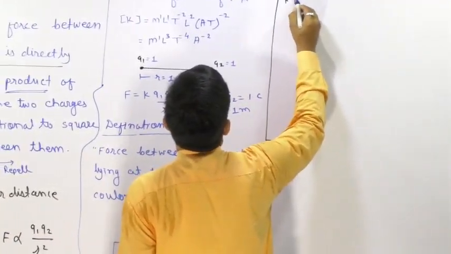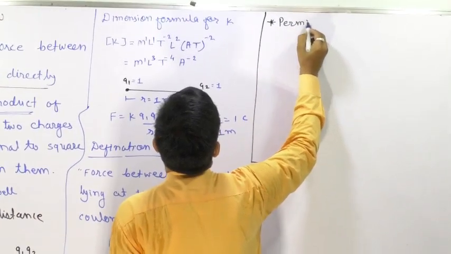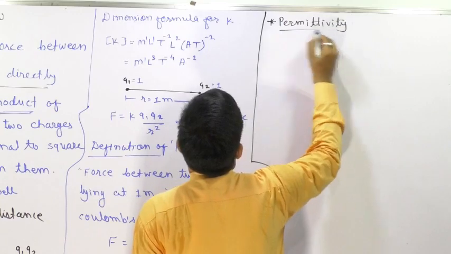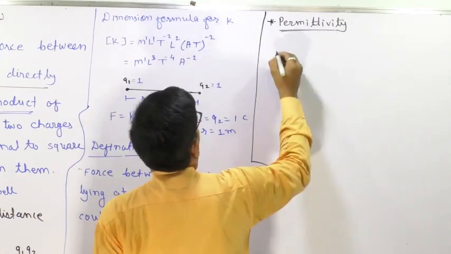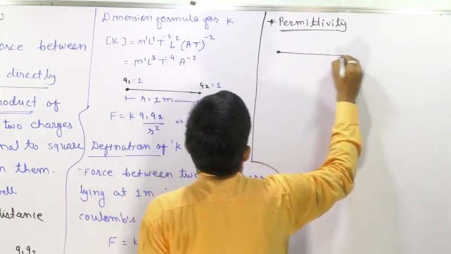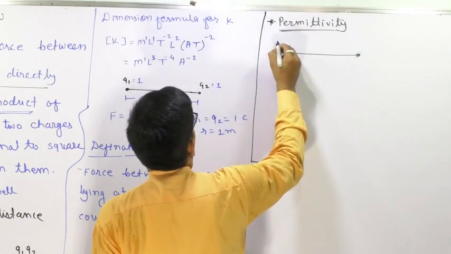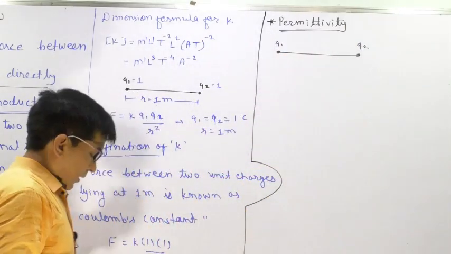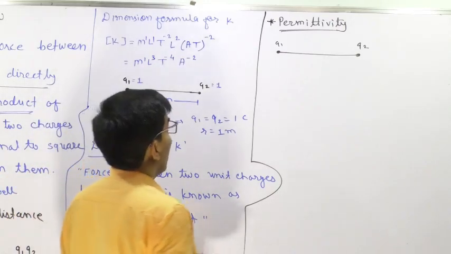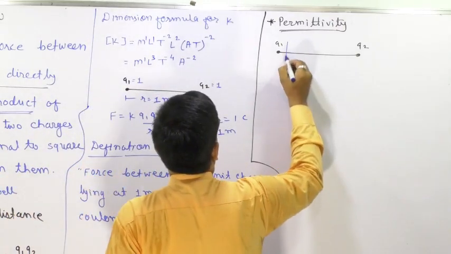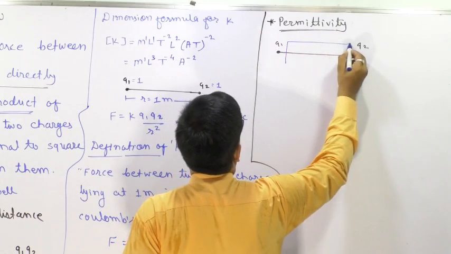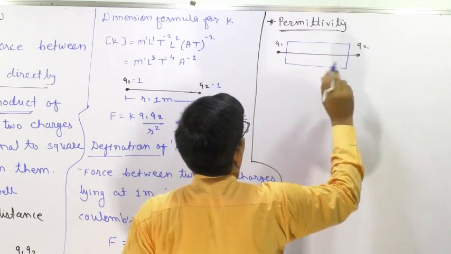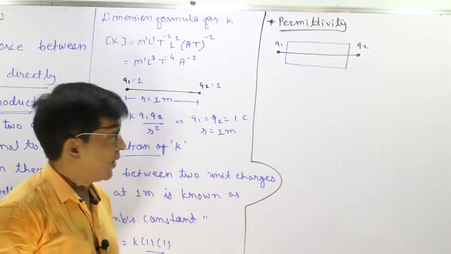Permittivity. If we want to discuss permittivity, then suppose these two charges Q1 and Q2 are put in some medium, one different medium, not free space.